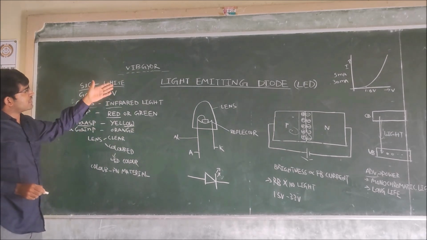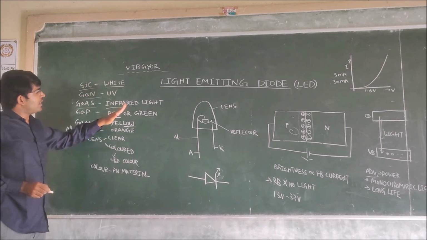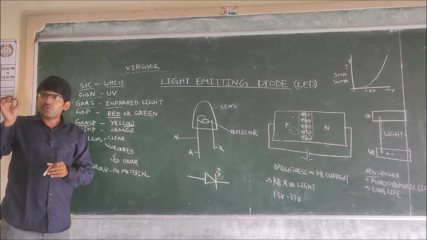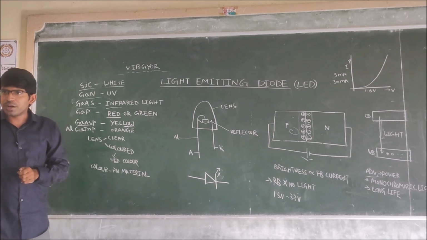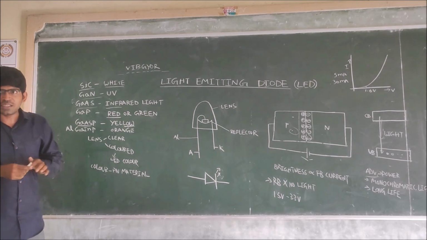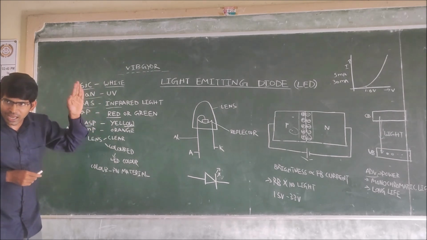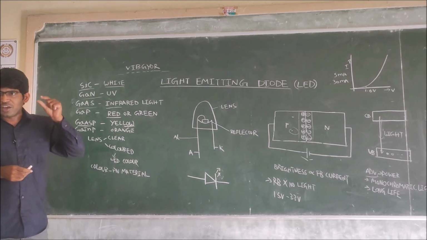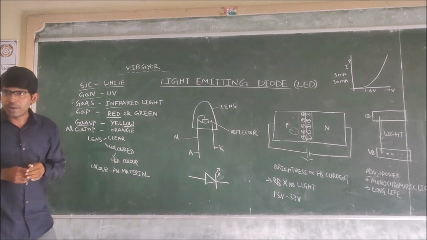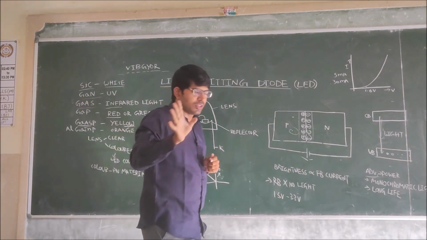These different lights, white light, red light, green light, yellow light, orange light, to emit these different lights, we have to use different compound semiconductors, because these semiconductors have the property that when the electrons move from the conduction band to valence band, they release the energy in the form of light.